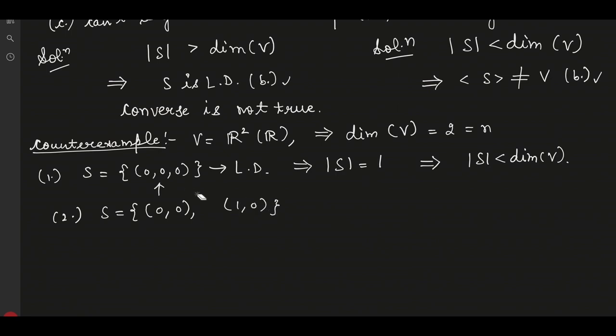Here it should be (0, 0), na? Because I am taking R square. And what will be the cardinality of this? And firstly tell me, is this set LD or LI? This is LD, because it has the (0, 0) vector. Cardinality of S will be 2.